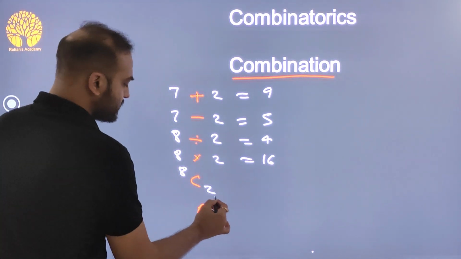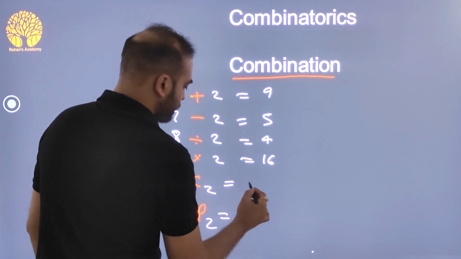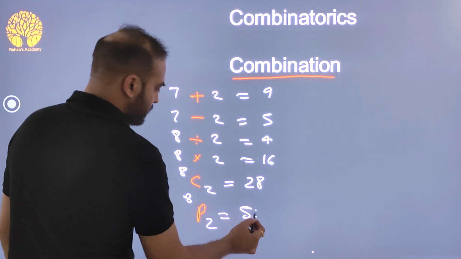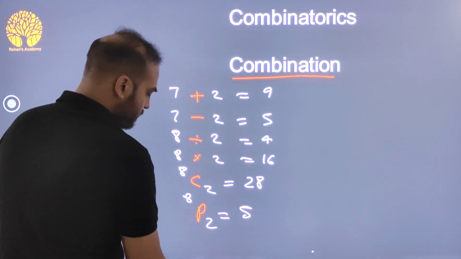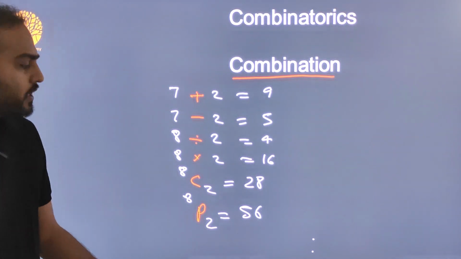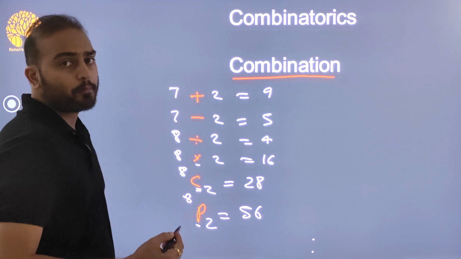Similarly, we have 8C2 and 8P2. This is 56. The point being that permutation and combination are just another operation.